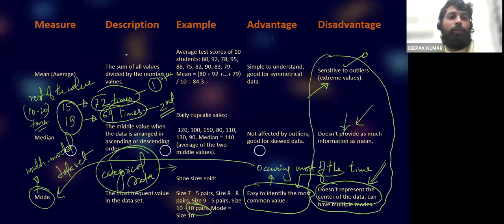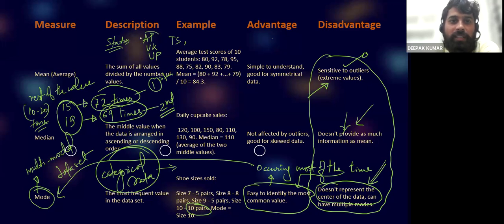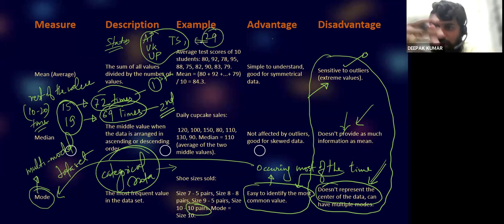Can you find a mean value between, say, if I ask any categorical data, say the states of a country, can you find the mean between Andhra Pradesh, Uttarakhand, Uttar Pradesh, Telangana? I think you all can correlate with this. We have 29 states in India. Can you find a mean value of them?